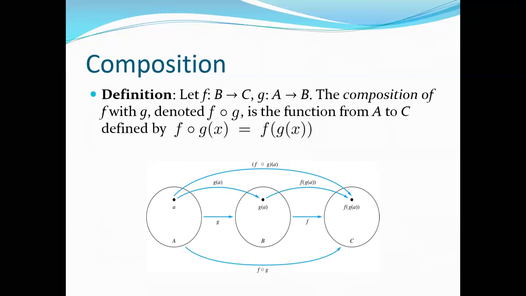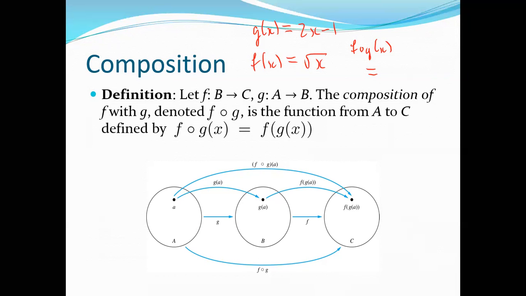Yeah? So for instance, what if I had G of X equal to 2X minus 1, and F of X was equal to the square root of X. Then what would F composed with G of X be?